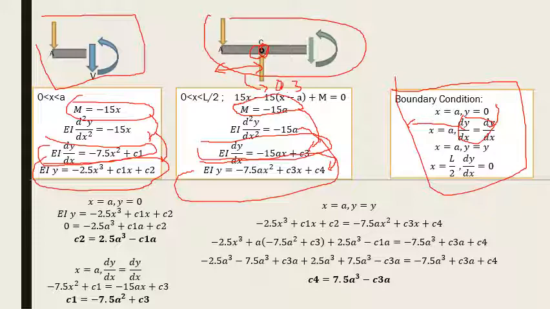Then when x is equal to a, y1 equals y2, so there is no difference in deflection between the first and second part. The last boundary condition is x equal to L over 2, where dy/dx is equal to 0.